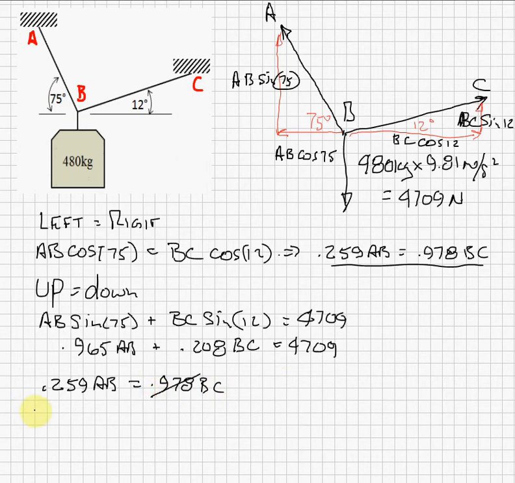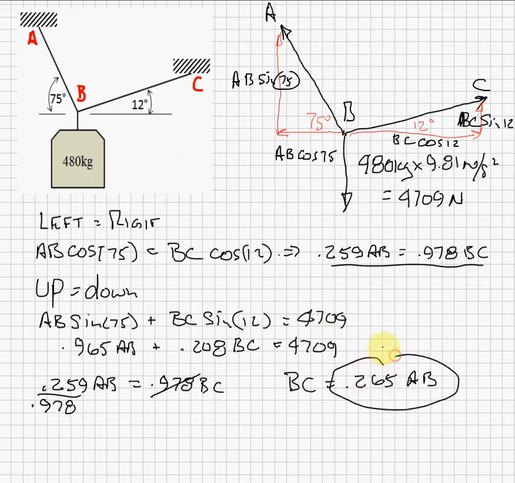And if I just divide both sides by 0.978, I get that BC is equal to 0.265 AB. Now, having this alias for BC in terms of AB allows me to take that back up and plug this 0.265 AB into this expression for the vertical now, and instead of BC, I'll plug in the 0.265 AB.